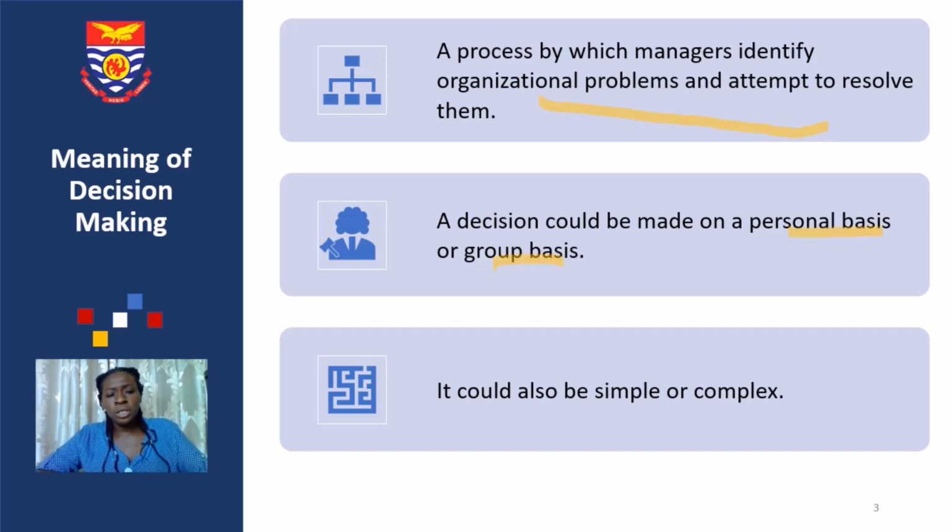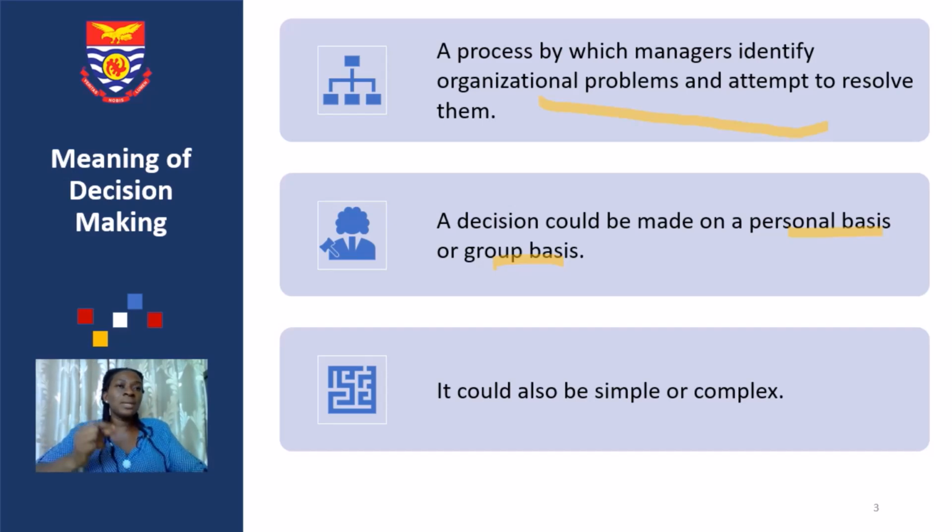Within the organization, the manager can make some decisions alone. There are some decisions which we have to do at the team level, the departmental level, on the group-based level. And so decision making could be on a personal basis or on a group basis as well. And it could be simple, like deciding the next item to introduce, or buying something like a pen.